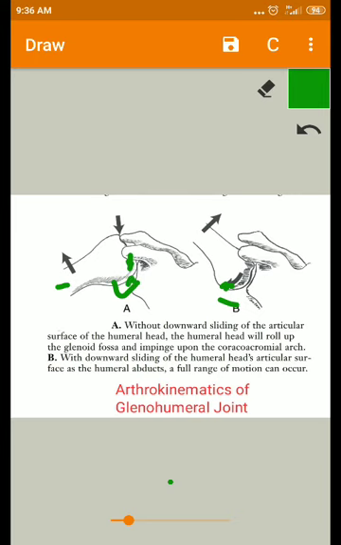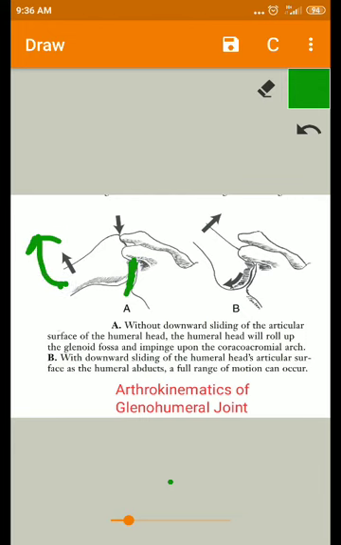So in the case of abduction, there is a superior rolling in the initial stages, up to the impact of the greater tubercle on the acromion process, and then it starts inferior gliding. Once the head starts this inferior gliding, the shaft of the humerus will move upwards.